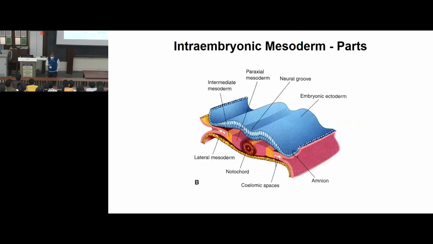And just as our friend described the intraembryonic mesoderm parts, paraxial mesoderm in the center, around the notochord, followed by intermediate mesoderm, followed by lateral plate mesoderm, which is further divided into somatopleuric and splanchnopleuric by formation of the intraembryonic coelom.